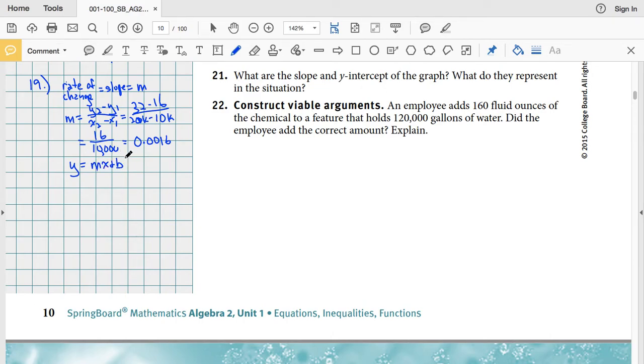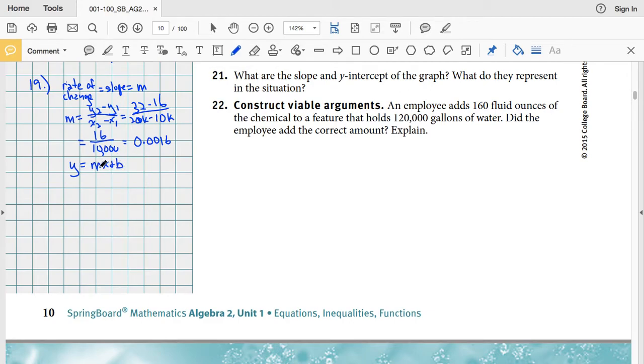But in this case, b happens to be 0 because b, remember, is our y-intercept, which we're going to answer in problem number 21. But that's where we start, right? And where do we start with these gallons of water? We're starting at 0. And how many fluid ounces would you add at 0? Well, 0, right?